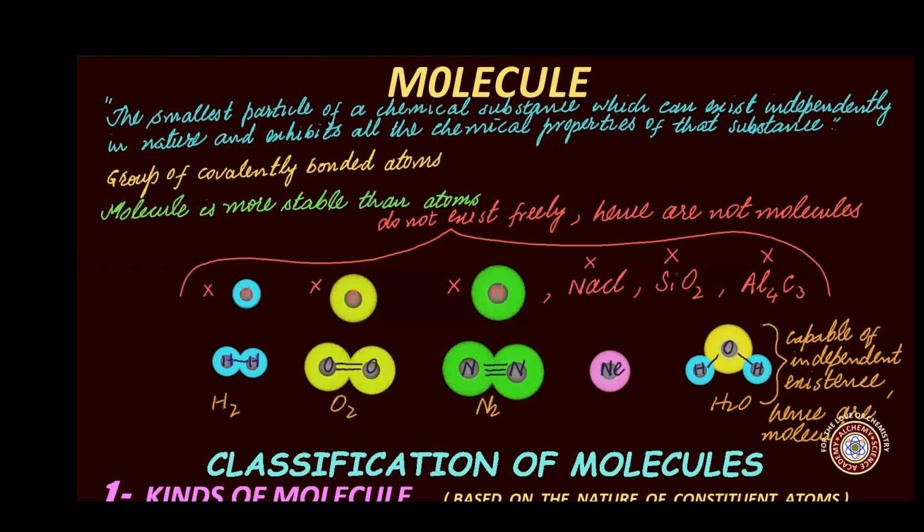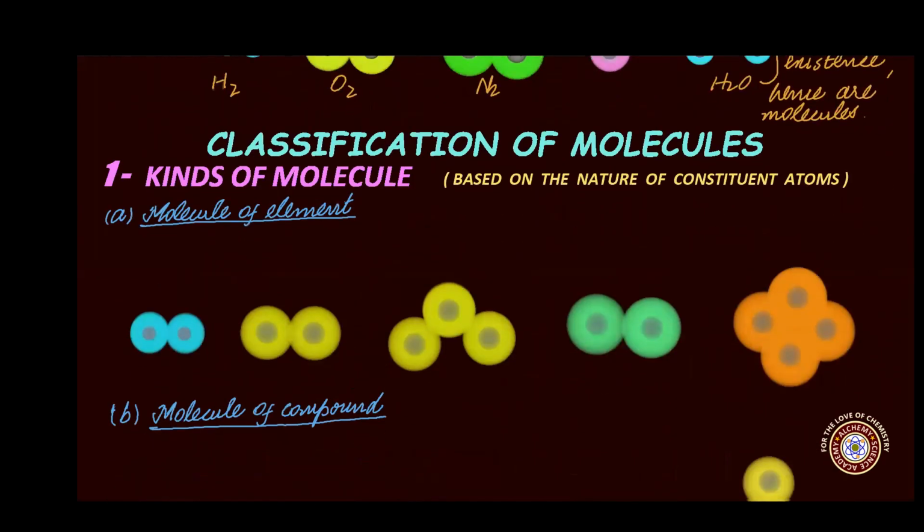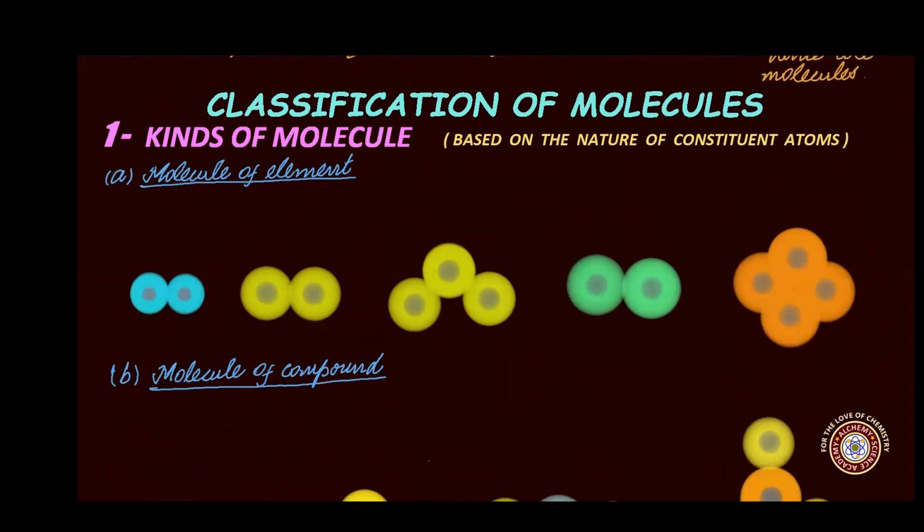And generally molecules are groups of same or different atoms which have chemically glued together to exist as discrete entities. Now let us move on to the classification of molecules.